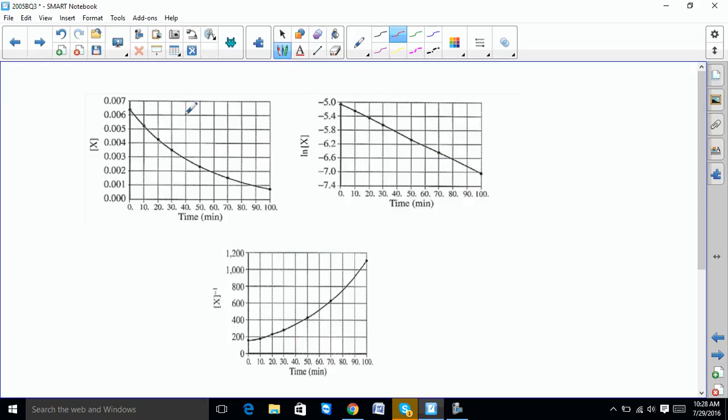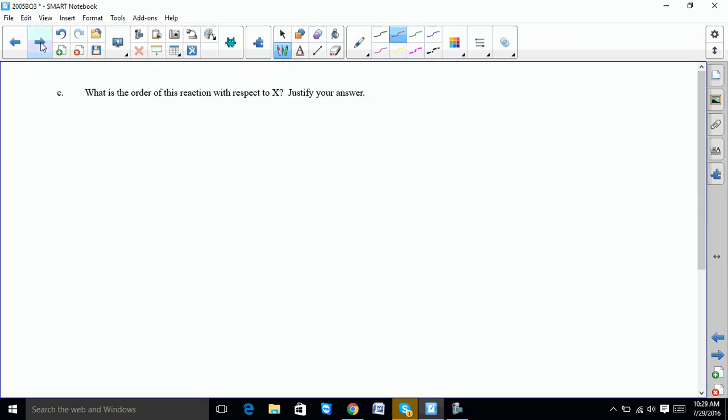And so this is 0th order. This is first order. This is second order. And if you remember the lab with crystal violet, where we were measuring how fast the violet color was disappearing, it was also first order, because that's linear, it's first order, and it's really this easy. It is first order.